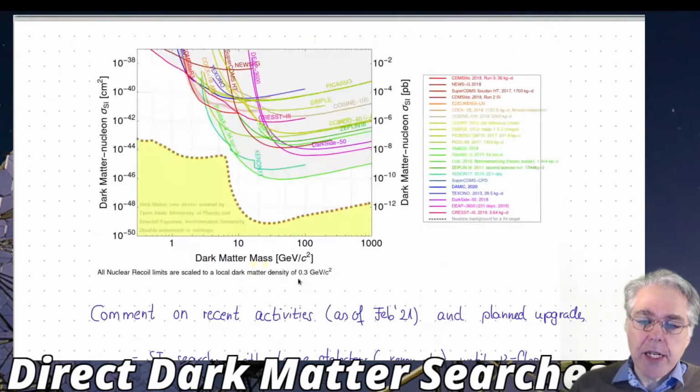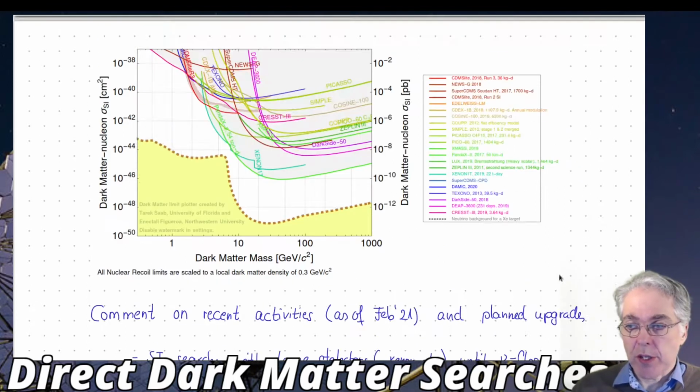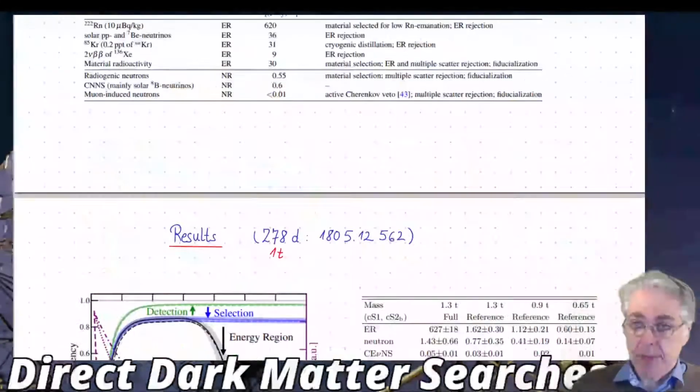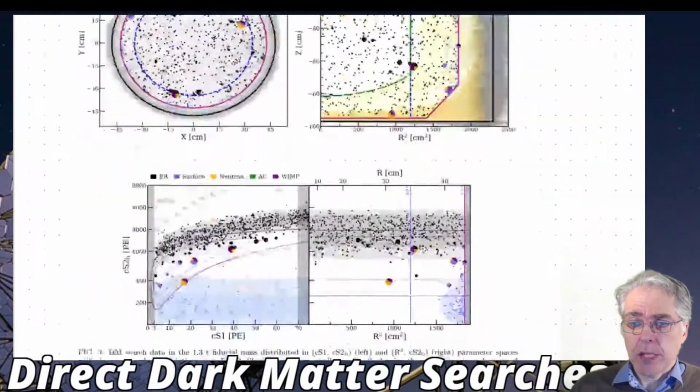And finally, there's also the interesting point about searches that try to look for electron recoil. There you have, of course, more background. But there's some interesting possibilities to detect maybe other types of dark matter through electron recoil. And there's currently a heated debate ongoing about an excess that was observed with XENON1T, which, however, is still within, let's say, the error budget of the double beta decay of xenon-136, which could explain that excess actually.